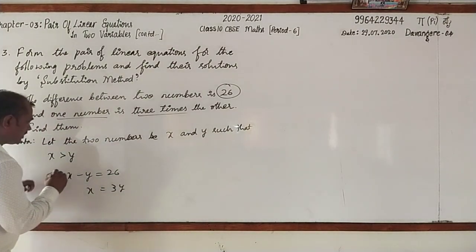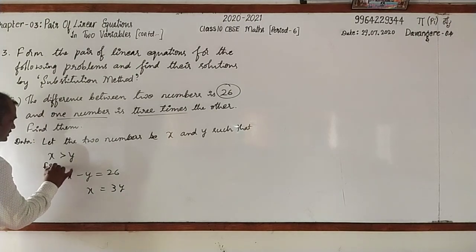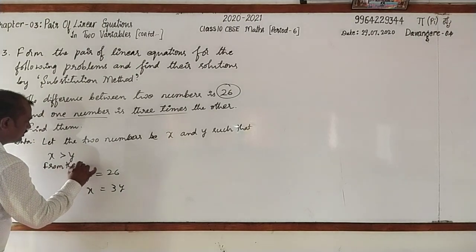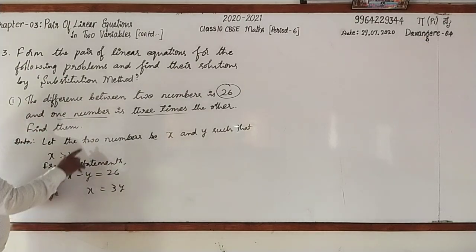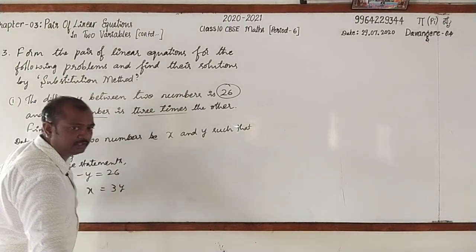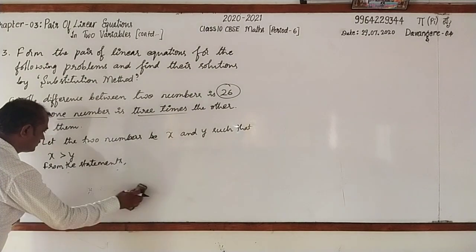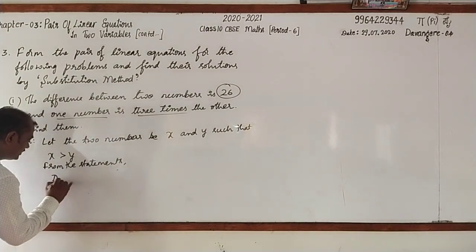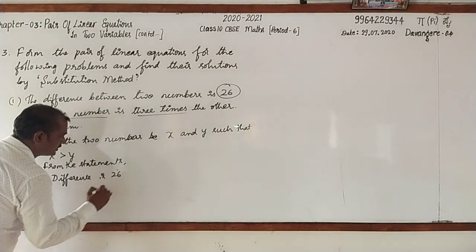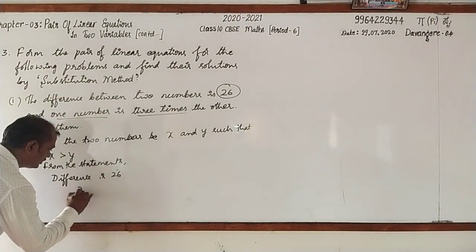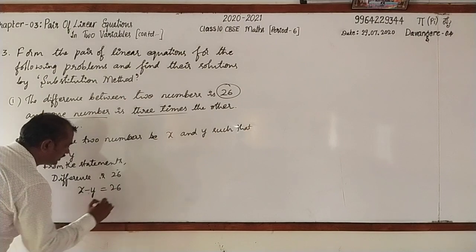Now, here I will write. From the statements, we can write first difference is 26. Therefore, x minus y equal to 26.